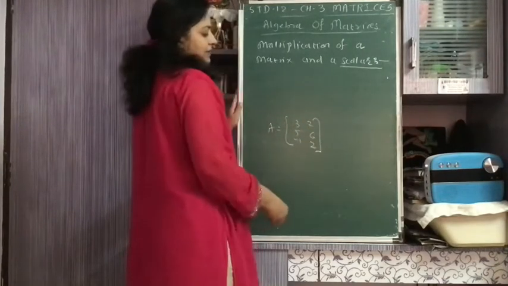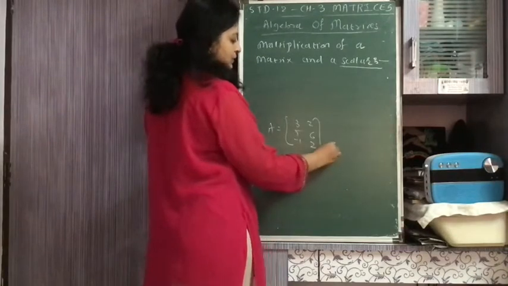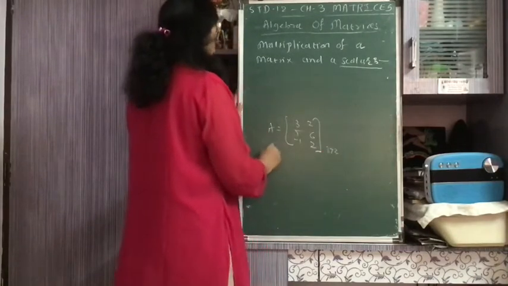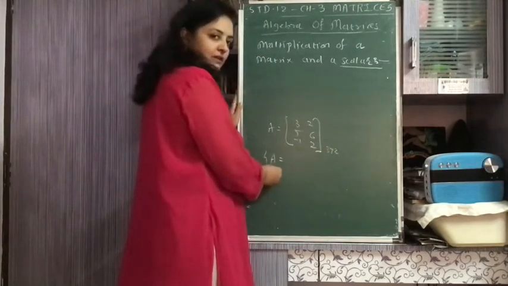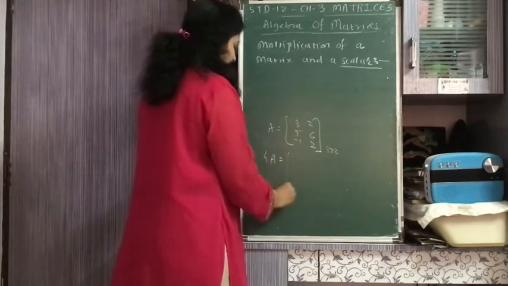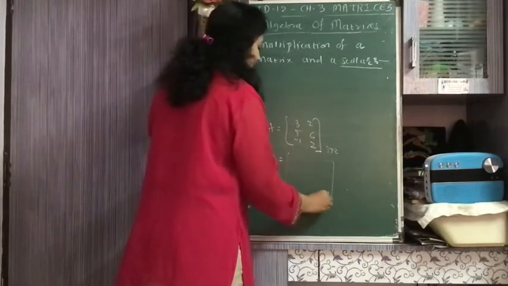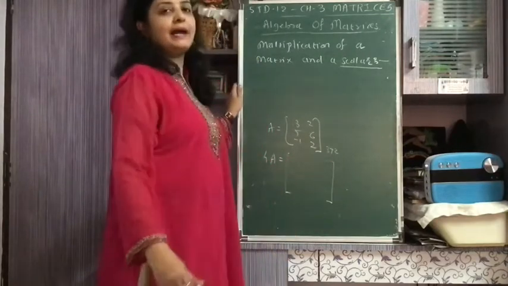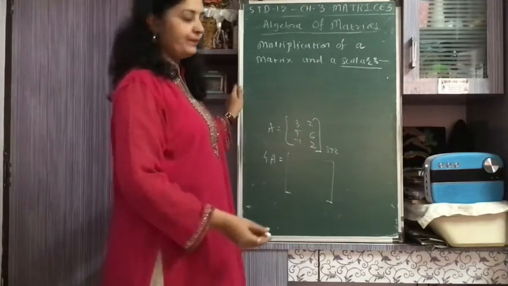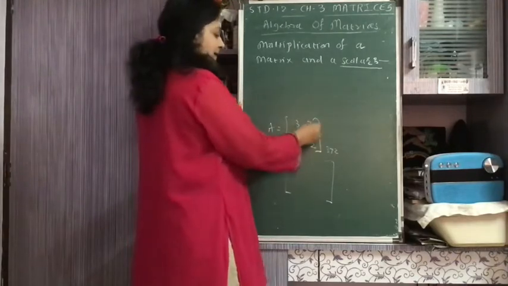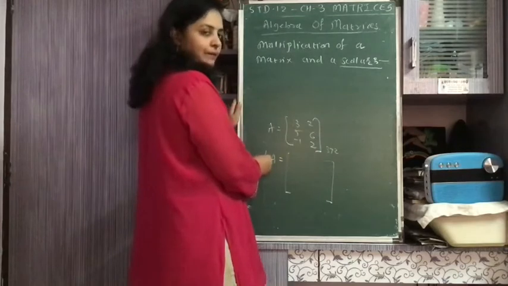Like this is a matrix A of order 3 by 2. And I want to obtain 4A. So 4 is a real number, A is a matrix. So 4A is a matrix which is obtained by multiplying every element of A with the scalar. So here every element of this matrix is multiplied with 4.